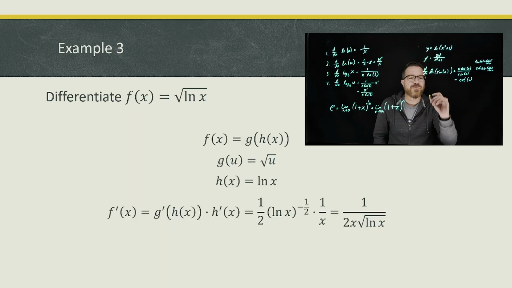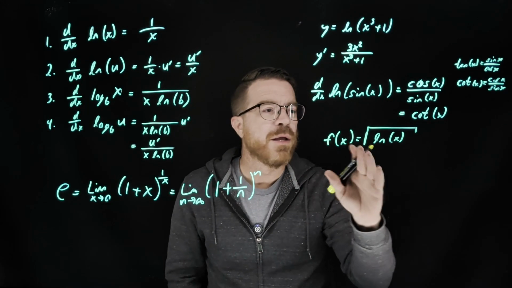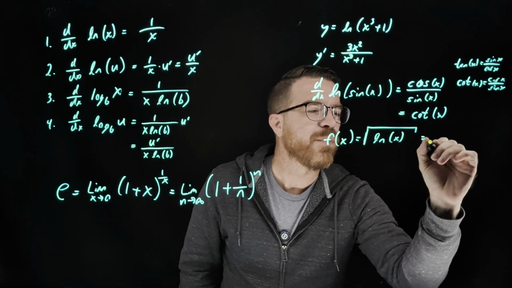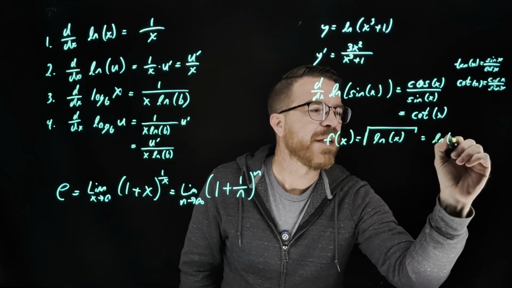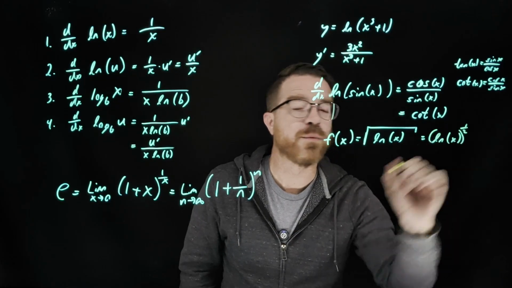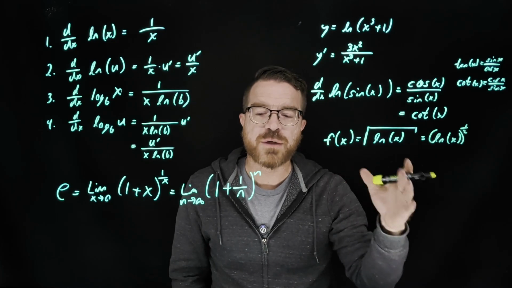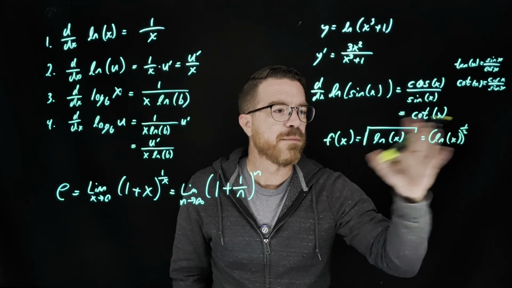What about if we have the function f of x equals the square root of the natural log of x? So in this case, we're going to be using our chain rule. First thing I want to do is change this to the natural log of x to the 1/2 power, right? So this whole thing is to the 1/2 power. Now we can do our chain rule, which is to say we pull the 1/2 down.